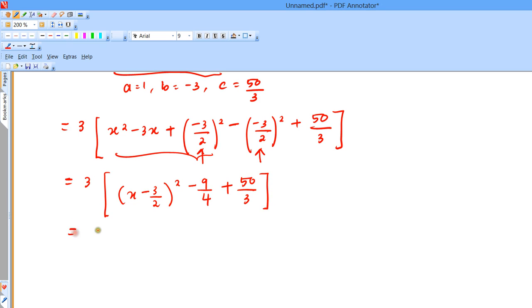So the final answer equals 3 times (x minus 3 over 2) squared plus 173 over 12.